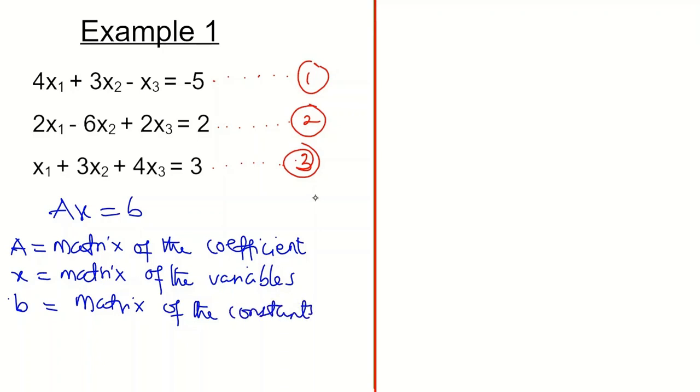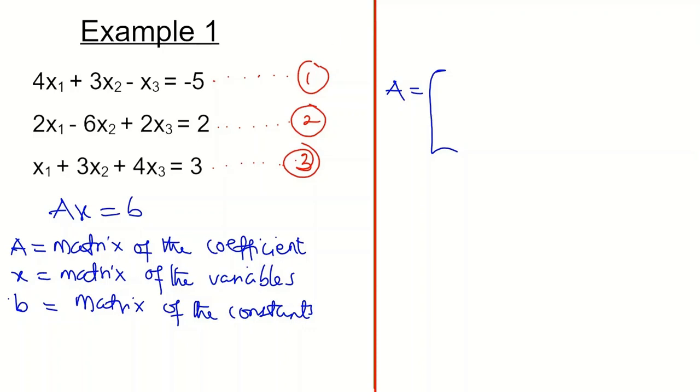We can augment matrices for these systems of linear equations by using the matrix equation formula. A is the matrix of the coefficients. The idea here is that we consider all the coefficients of the variables and write them in matrix form.